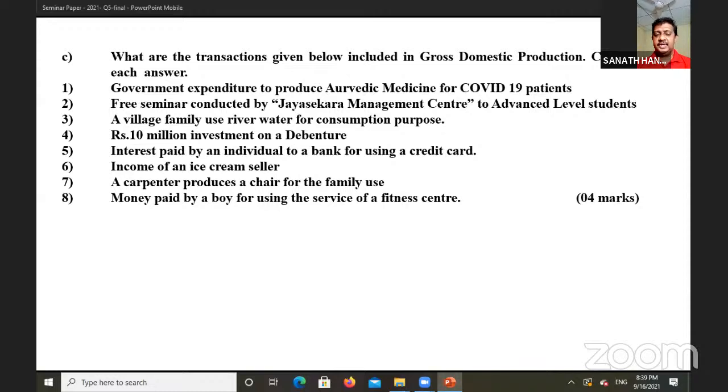This is a part of mixed income, which is included in GDP.